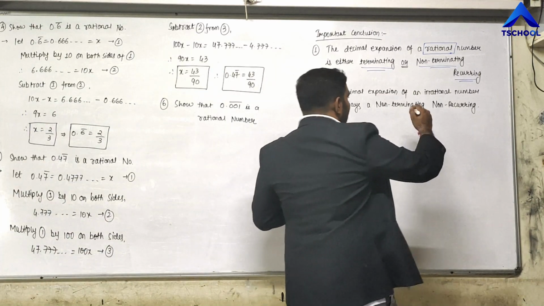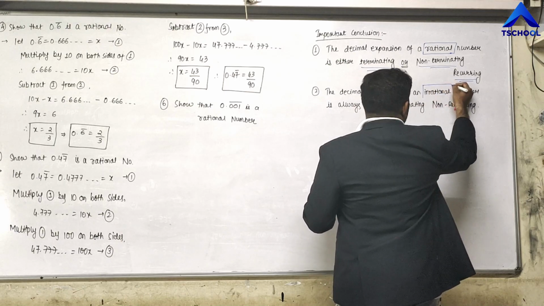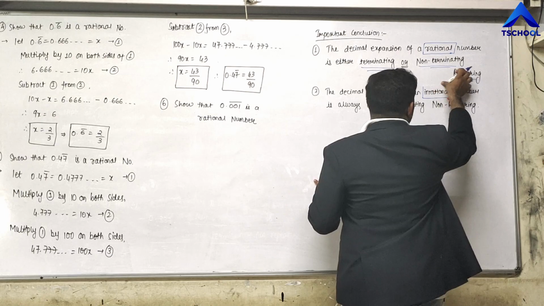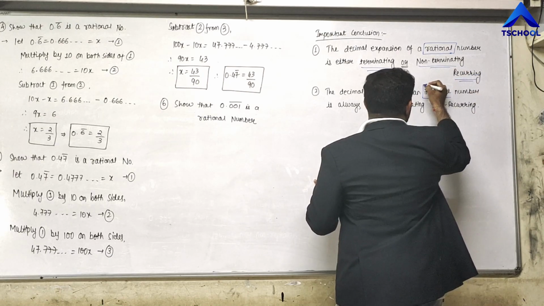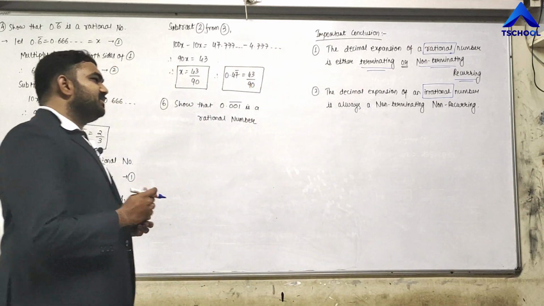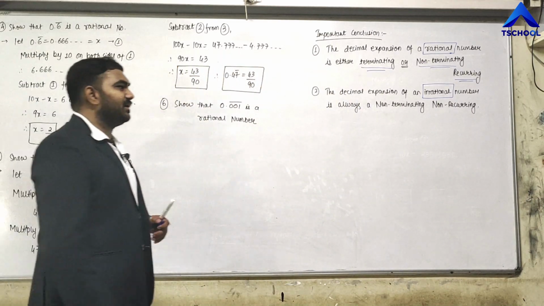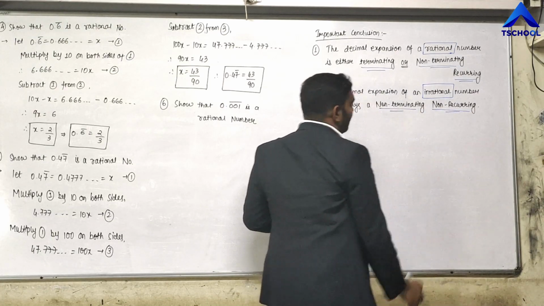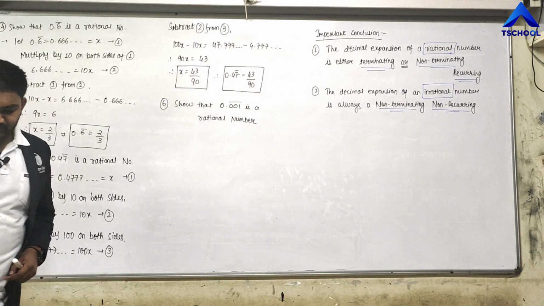If it is an irrational number, then at that time the decimal expansion will always be non-terminating, and at the same time non-recurring.